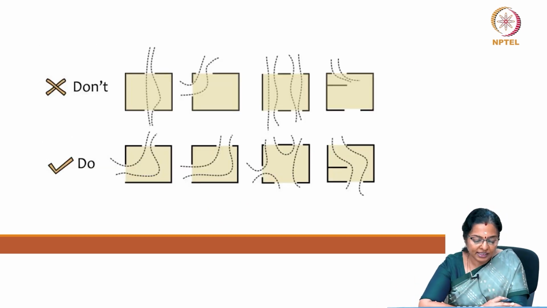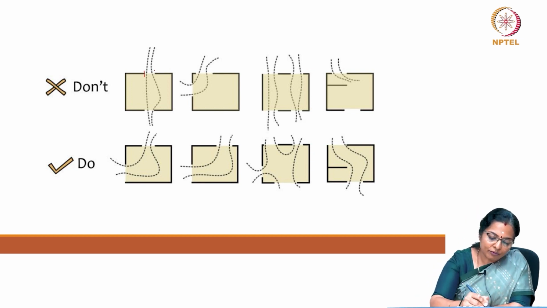So what is it that you should not do and what is it that you should do? Try to avoid placing windows directly across each other, because doing this will not facilitate breeze movement in these two areas of the room.